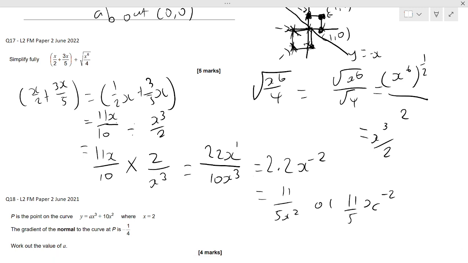So this was June 2022, paper 2. They should accept the decimal version, I think. It didn't say to leave it as a decimal, it just says simplify. That's simplified fully.